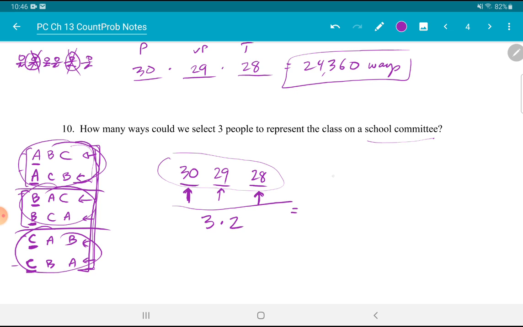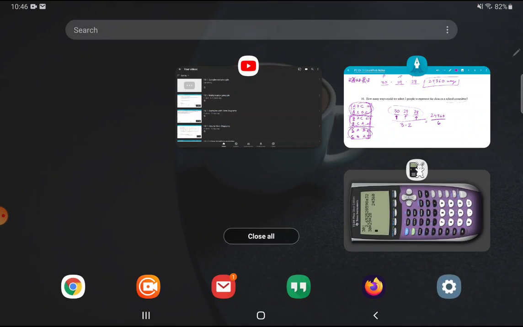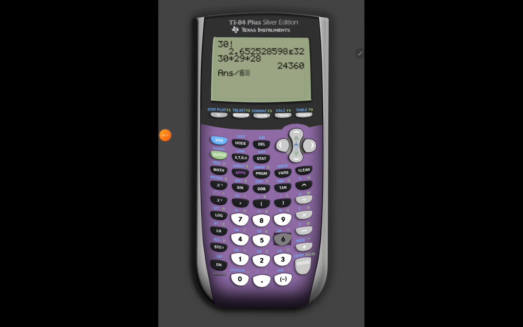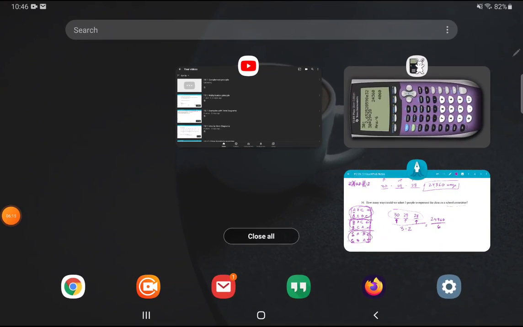So the example that we had earlier, that number gave us 24,360, and you're dividing it by 6 repetitions. And for that, go back to my calculator. We divide that by 6, and we get a value of 4,060 ways.